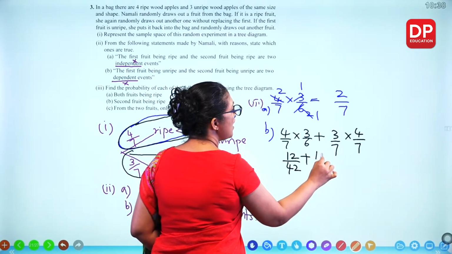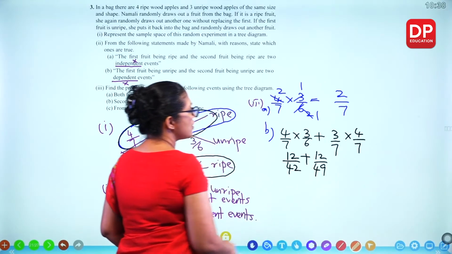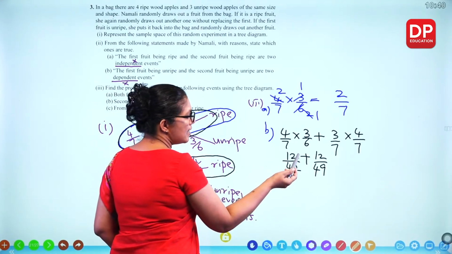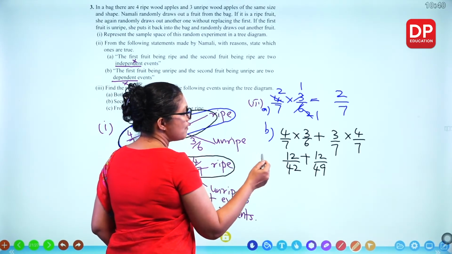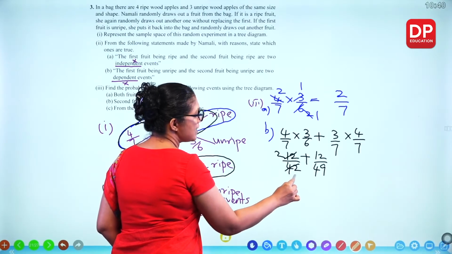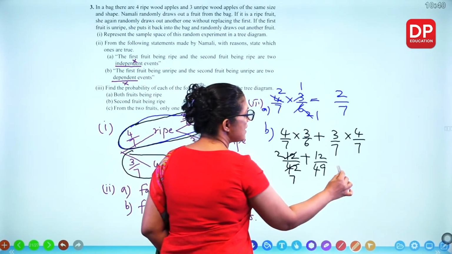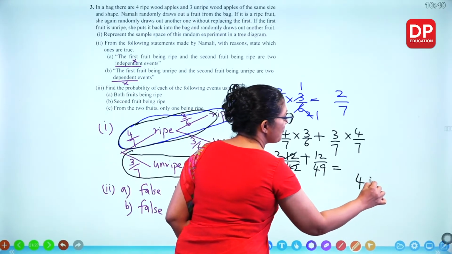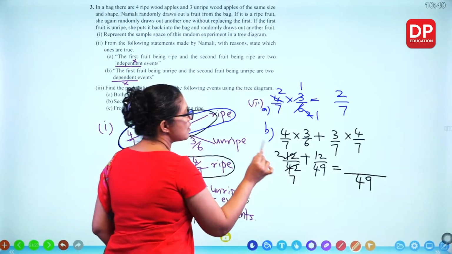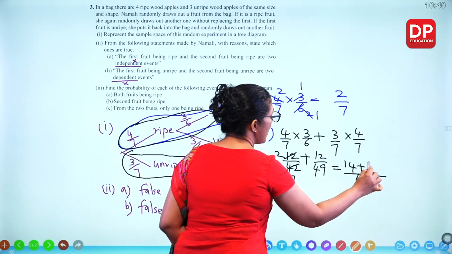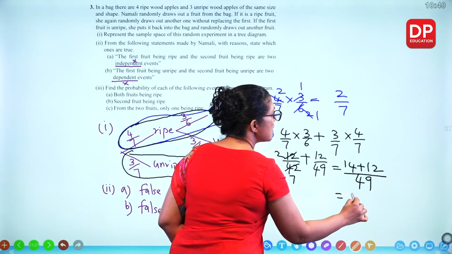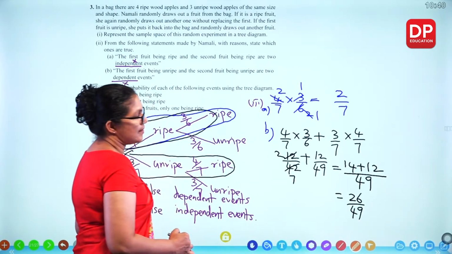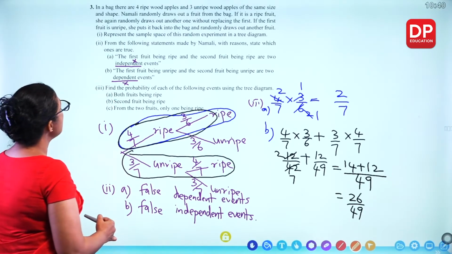Here you get 12/49. Now we can simplify this. Here 12 and 42 divided by 6, you get 2 and 7. So what's the common denominator for 7 and 49? That's 49. So 7 times 2 is 14 plus 12. You get 26/49 as the answer.